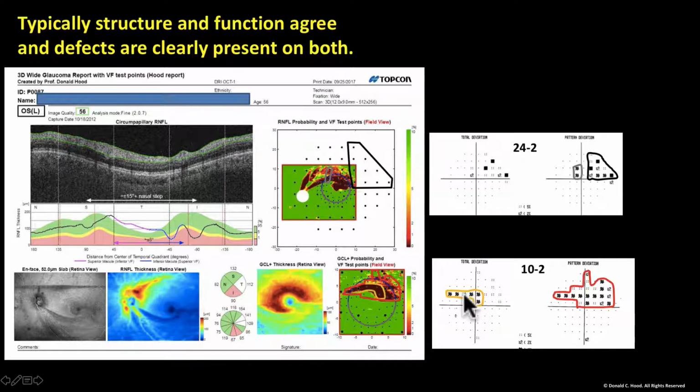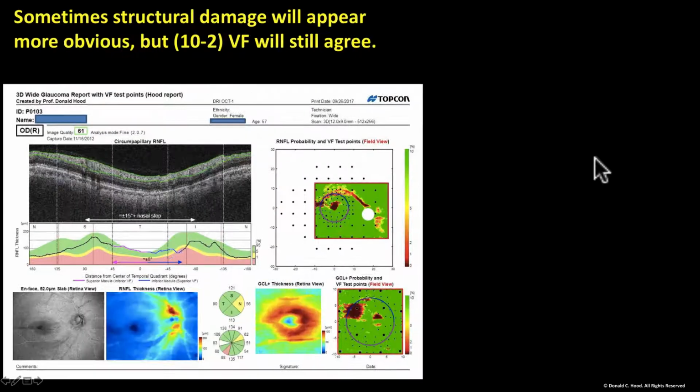This would be the deepest part, and that corresponds to the deepest part. So this defect here is topographically the same as this, and the same as that, and the same as that. Whereas this defect here and this also. This defect here is topographically the same as this, and this on the visual field, and so on.